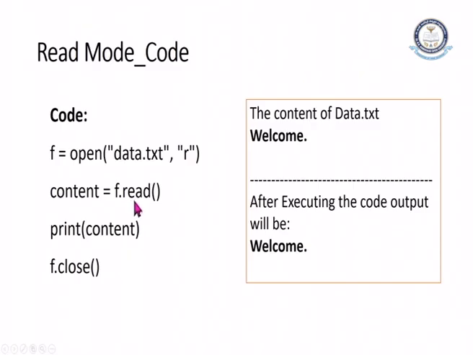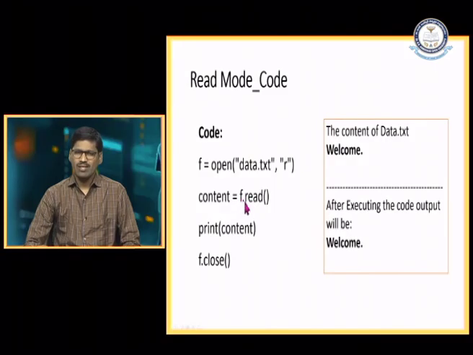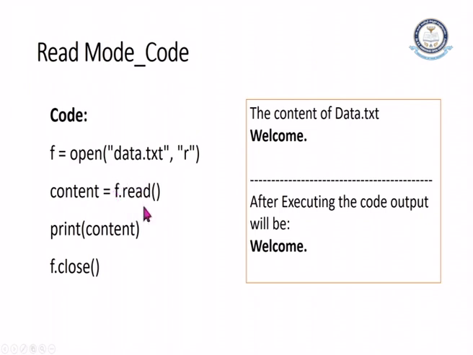So the meaning is, the file being referenced by the f object, from that file the content will be read. That is the meaning of f.read. And whatever content is read with the help of this code will be assigned to the object. That object name is content.